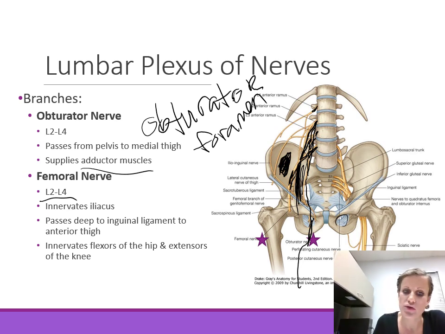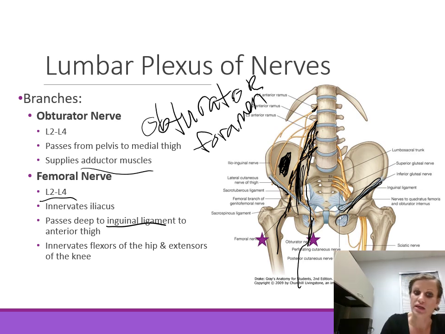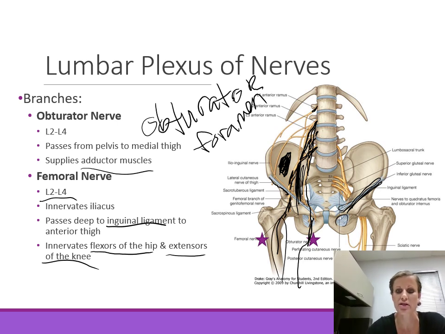And then it passes deep to the inguinal ligament, and this long white thing right here is the inguinal ligament, into the anterior thigh. So you see it right here, the anterior thigh. It innervates the flexors of the hip and the extensors of the knee, which makes sense anatomically when it's going to the anterior thigh.